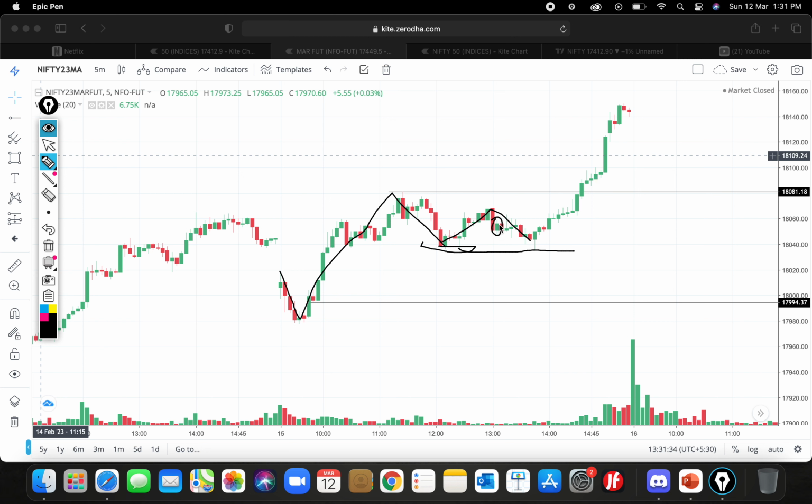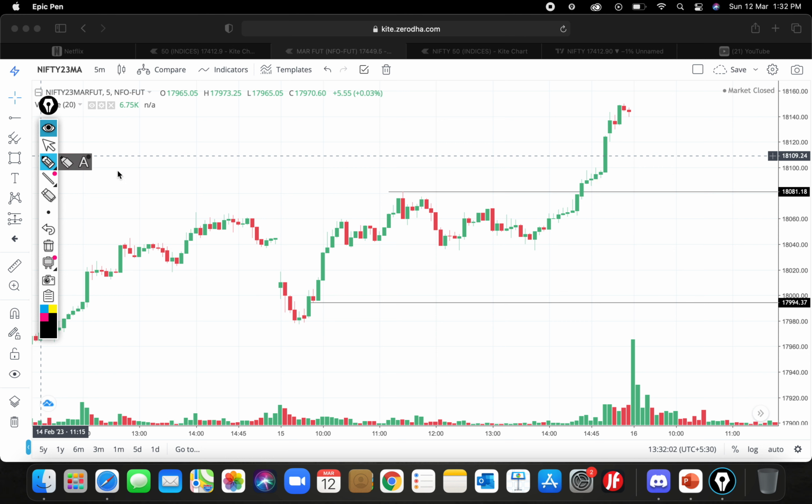There was a rejection at this particular level. After this candle there was no strong candle, but yes, we had one here, but this is not a pullback. A pullback is supposed to be of a particular length, so this won't be considered a pullback. Instead, this will be a pullback.